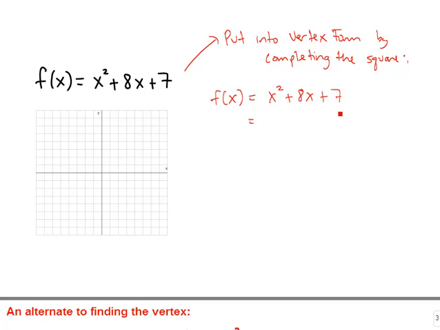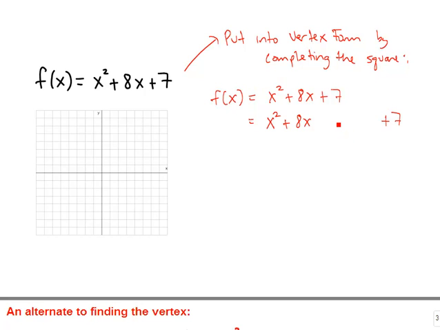I am not going to do that here because I'm just working with this right-hand side, not a whole equation. So instead, I'm just going to take that plus 7 and push it off to the side. It's still there, but I'm leaving room so that I can add and subtract the missing constants that I need when I complete the square.